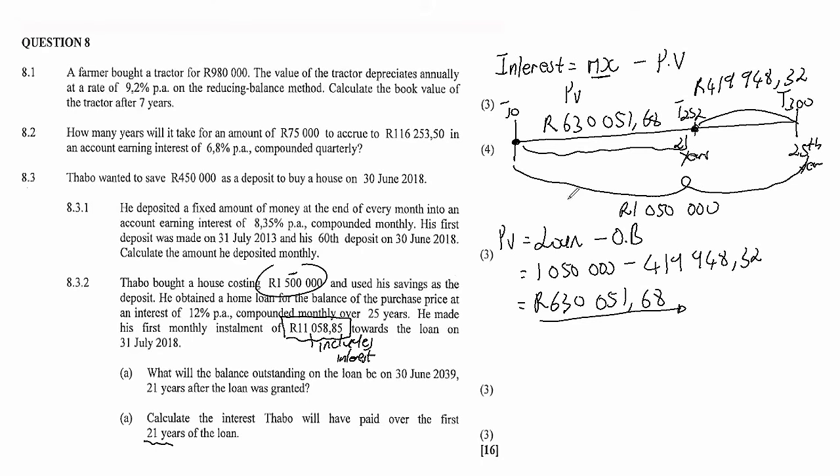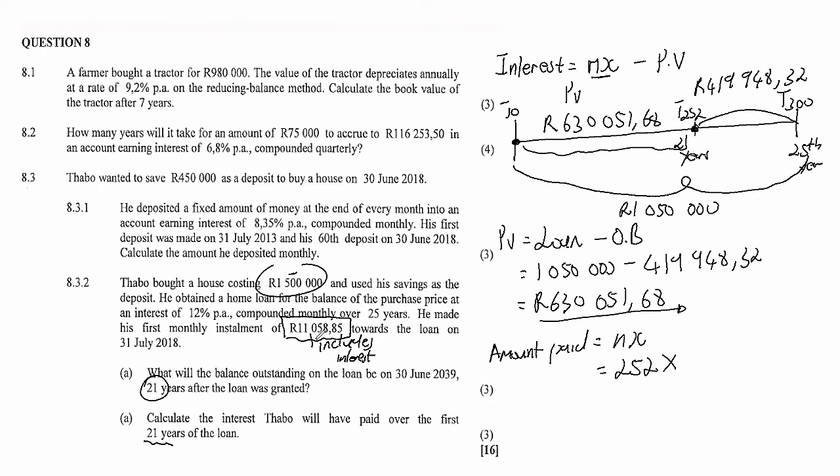So to calculate that here, which is the nx, let's calculate the amount paid, which is nx. Now, the n, how many payments will be made over the 21 years? That's 21 times 12, which is 252.